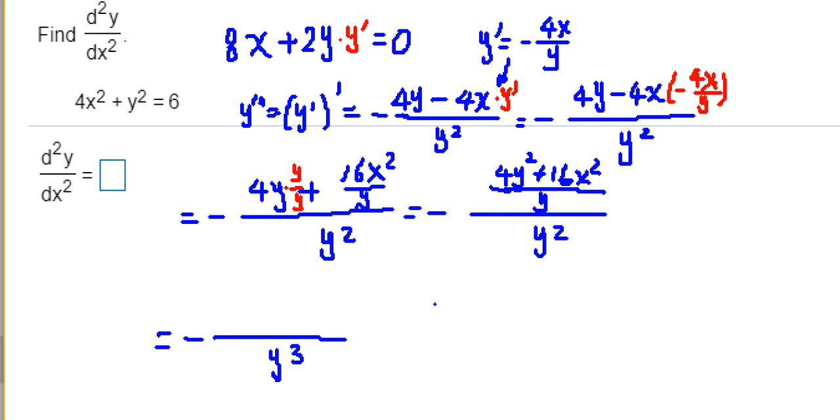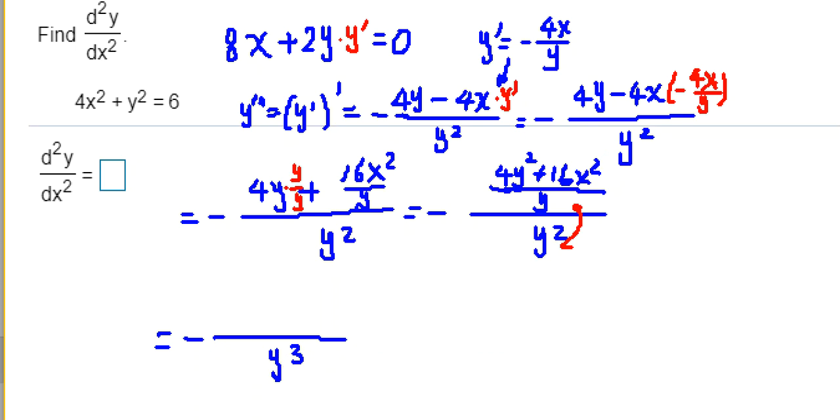Where's the y cubed from? I just multiply these two together, right? These two together, you get y cubed. Of course, if you want to use the definition of complex fractions, it's equal to the top times the reciprocal of the bottom, which will give you y cubed.